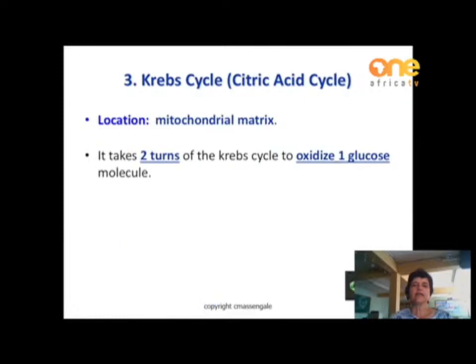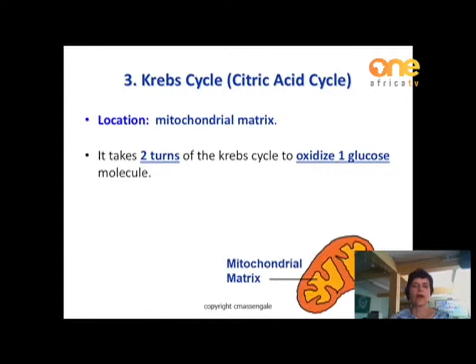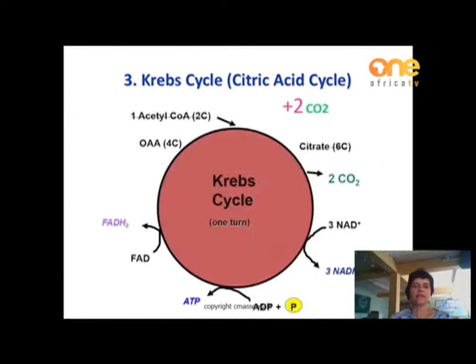Then the Krebs cycle is taking place in the mitochondrial matrix. Important: it takes 2 turns of the Krebs cycle to oxidize 1 glucose molecule, and it's in the mitochondrial matrix.